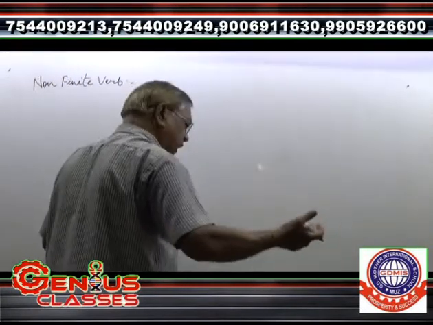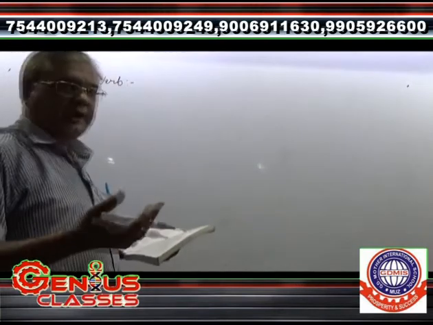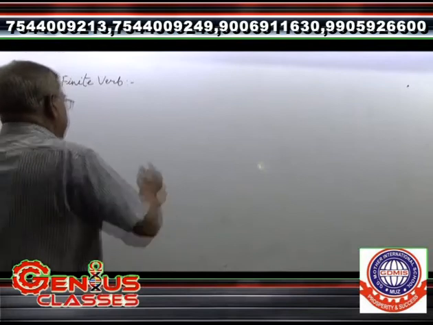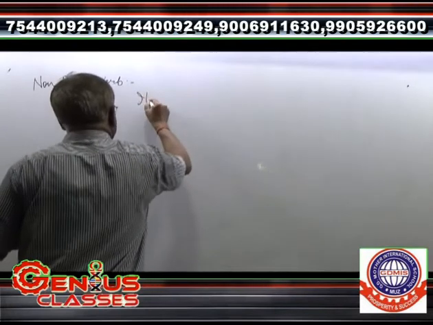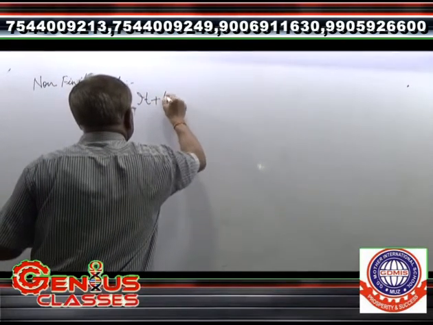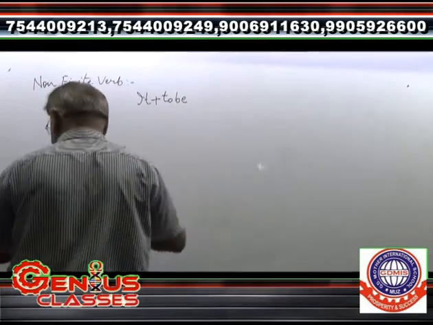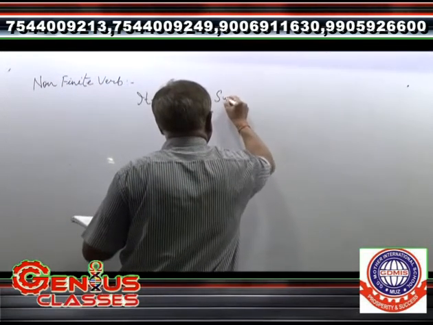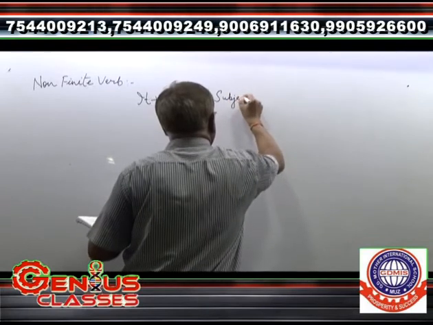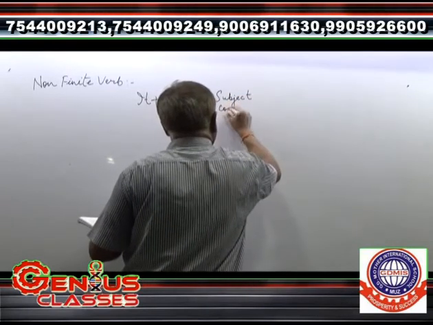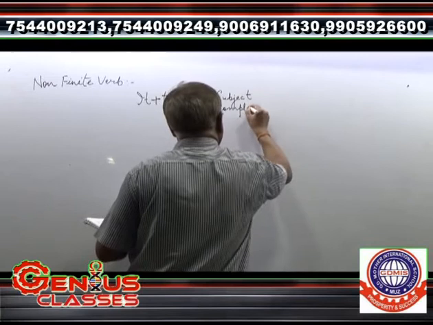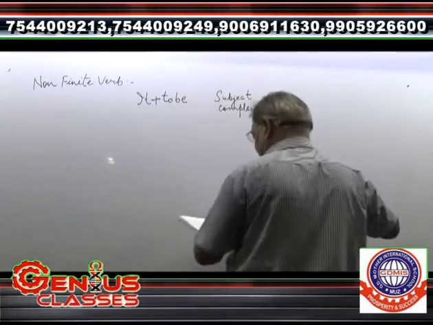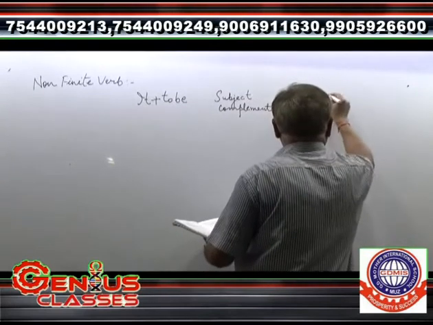How different kinds of sentences can be formed with respect to the full infinitive, that is it plus to be, then subject complement, then subject.